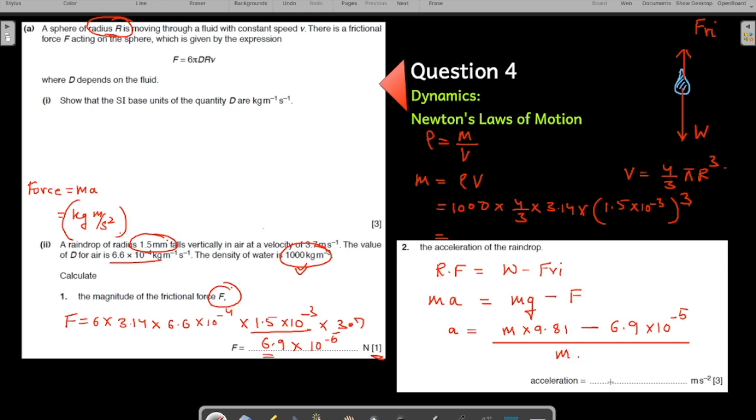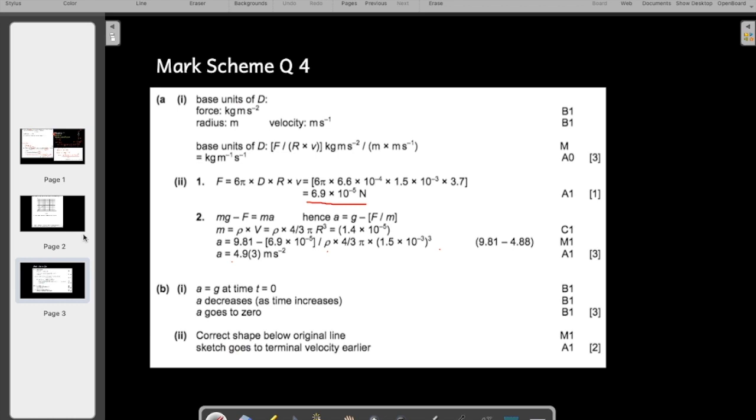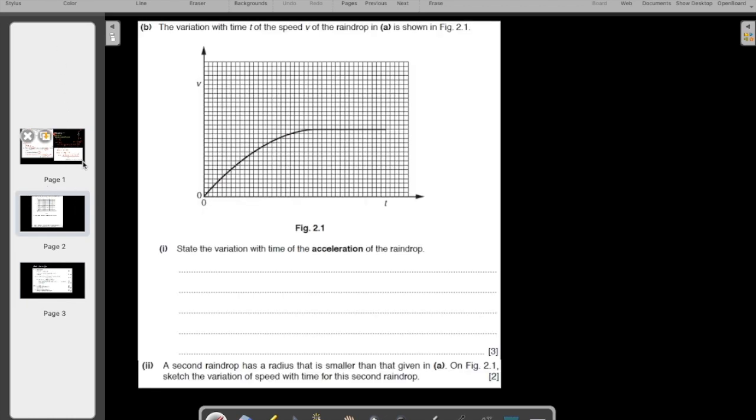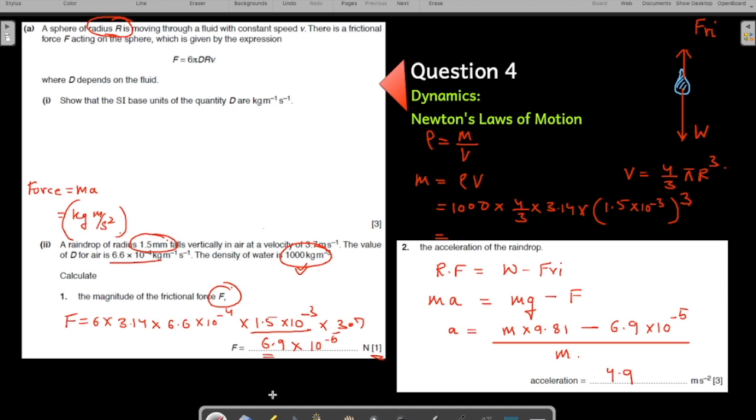Solve it. Your acceleration should be 4.9 meters per second square. Lengthy calculation, so be careful while using your calculators. If you're inputting the values correctly, you should get your answer correct.